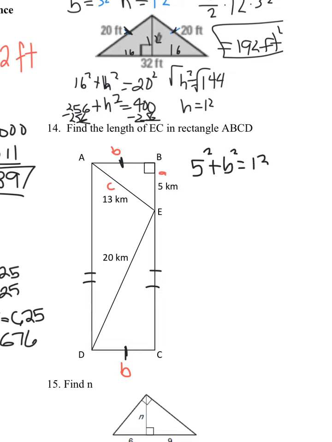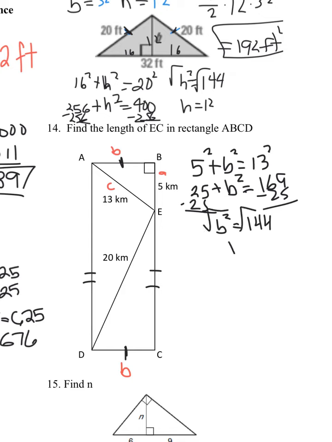So 5 squared plus B squared equals 13 squared. 25 plus B squared equals 169. Subtract the 25. B squared equals 144. Square root, B is 12. So that's 12, that's 12. Now to find EC, we'll redo this as a right triangle ABC.